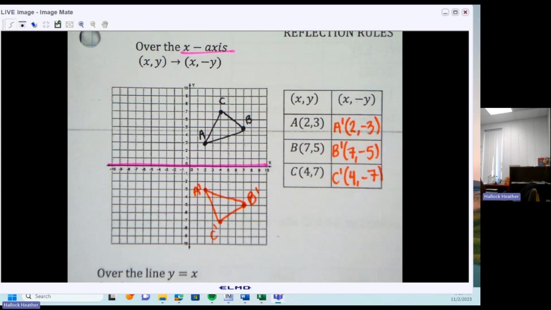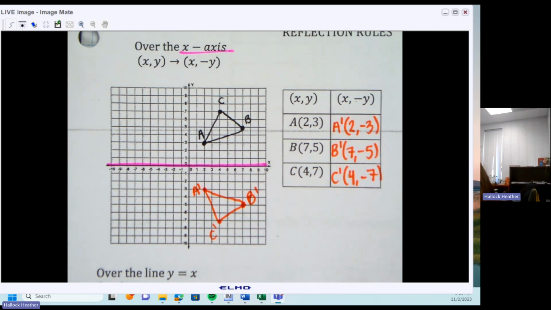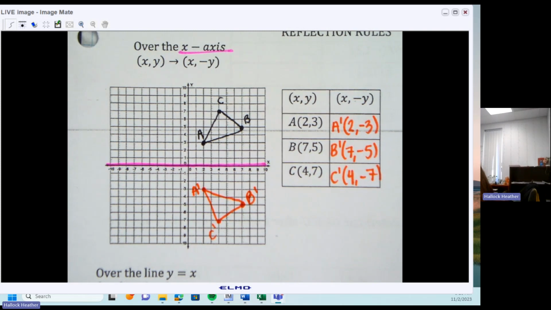And I don't know if I already told you this, but if you think we're going really slow, 1, 2, 3, 4, 5, 6, 7, it's because this is super important for your EOC. So if you learn anything from this entire year, the most important thing is literally this unit. Yes, it's like half of your midterm.